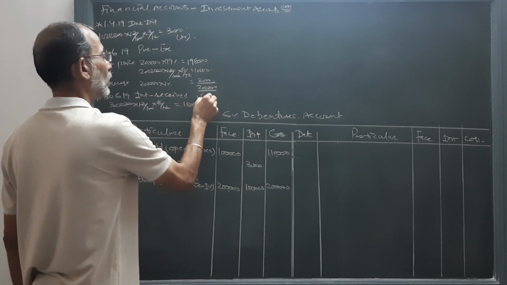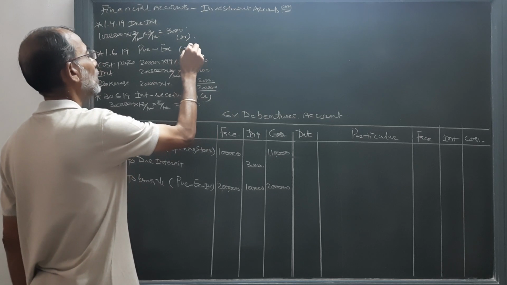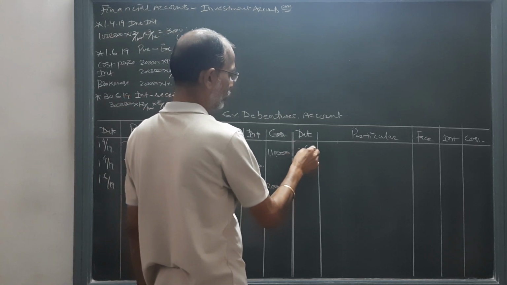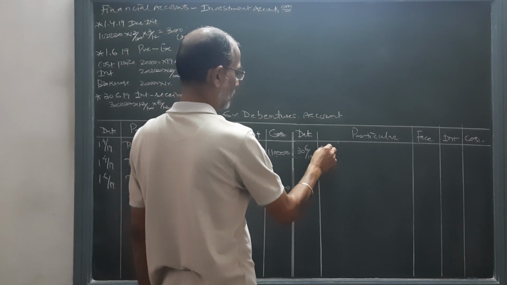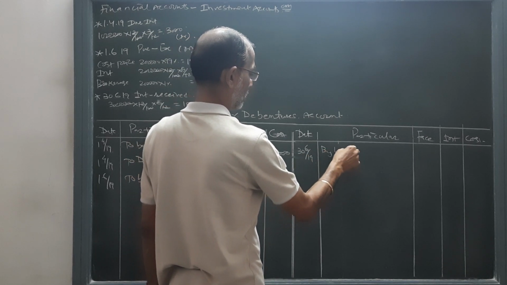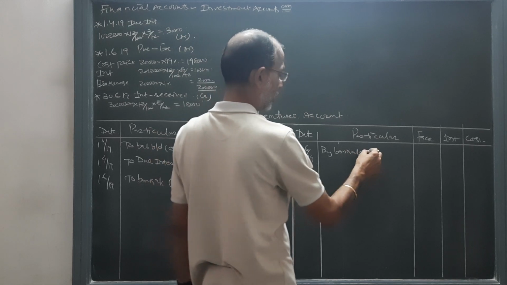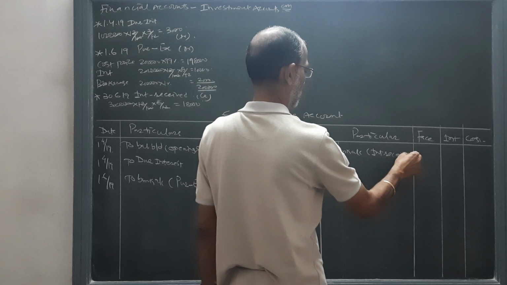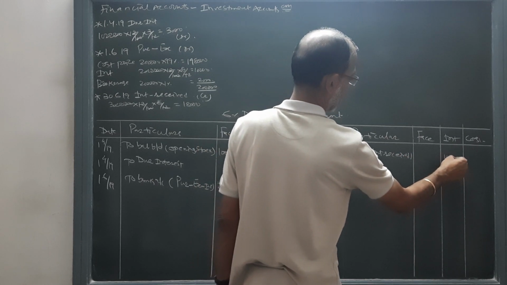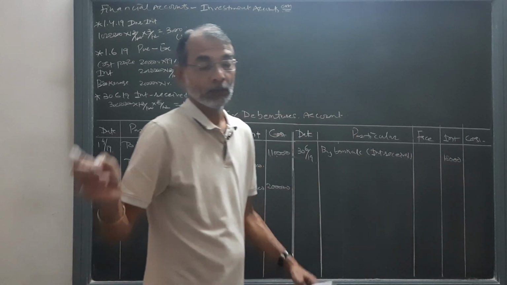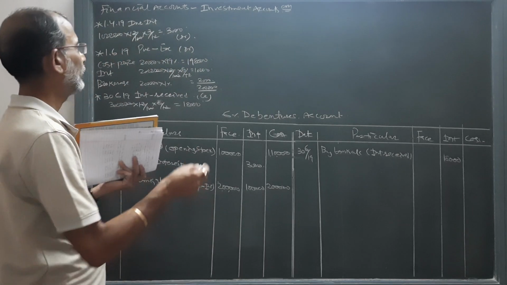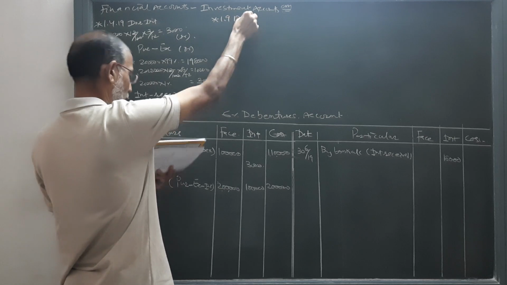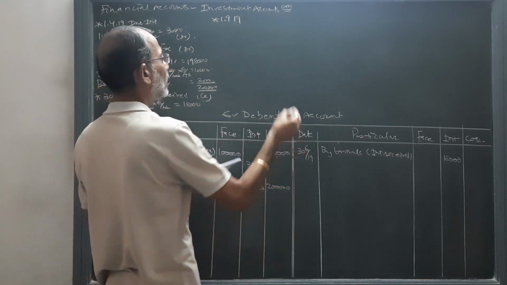So on 30th June 19, by bank account, interest receipt will be 18,000.